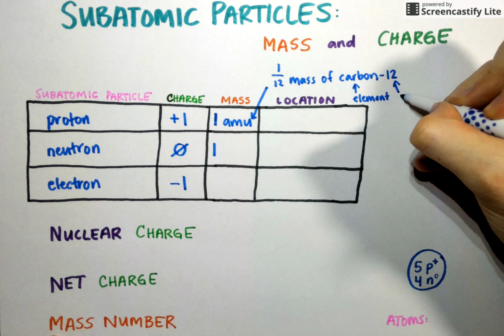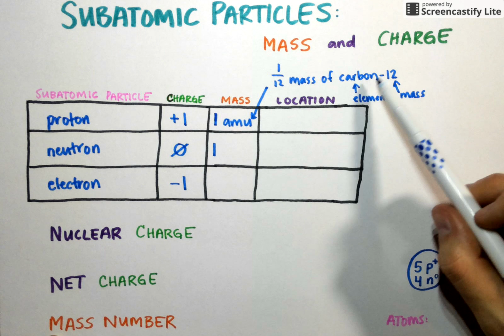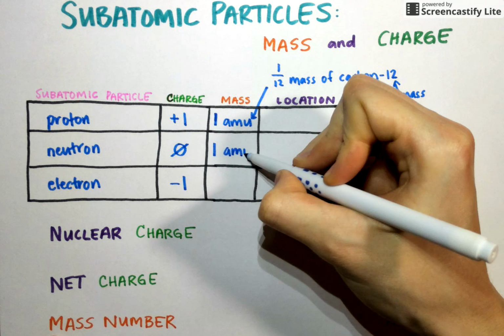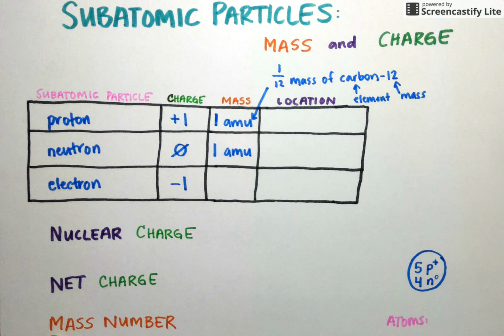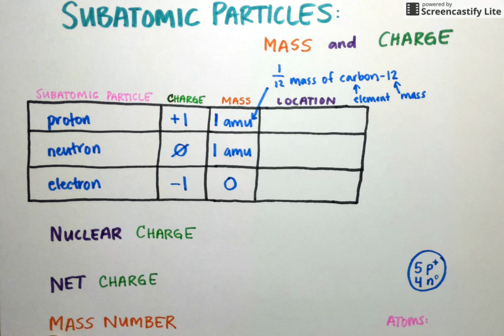Speaking of mass, what we know about protons and neutrons is that they compose the majority of the mass of the atom. Remember, the nucleus is this incredibly dense center that's most of the mass of the atom itself. And because we can't talk about individual atoms, at least, using the unit of grams, the unit that we use when we discuss mass of subatomic particles is AMU, or atomic mass unit.